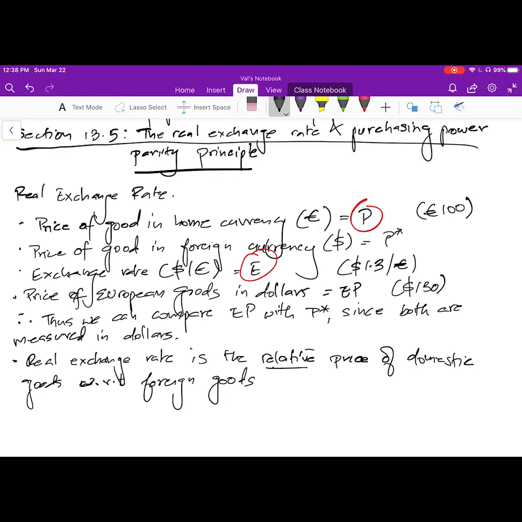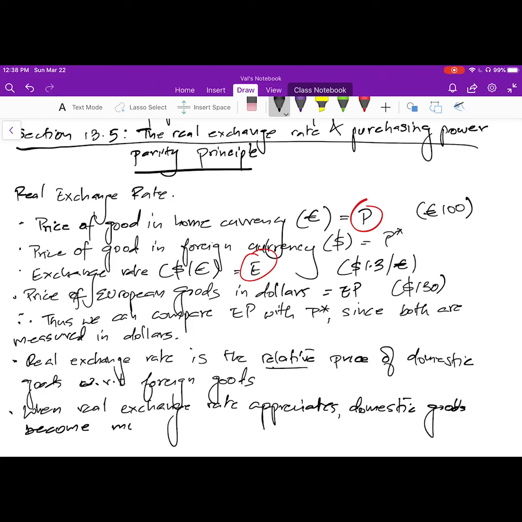Okay, so when real exchange rate appreciates, domestic goods become more expensive with respect to foreign goods.